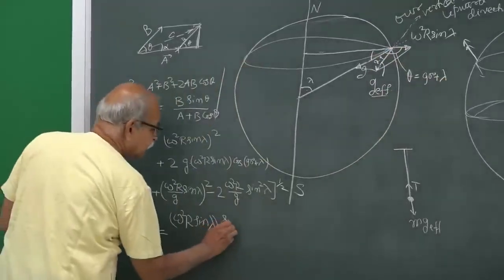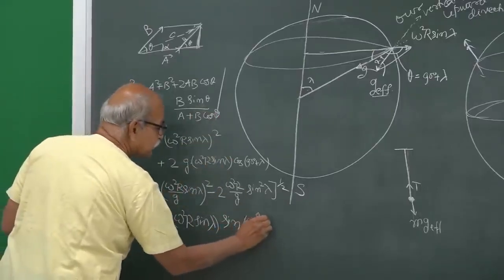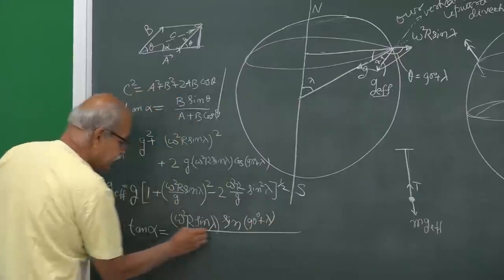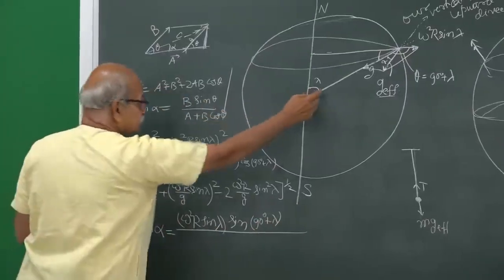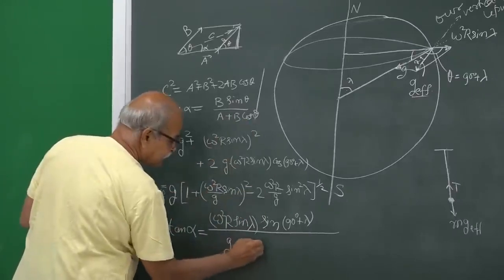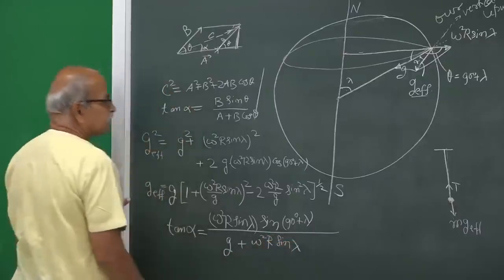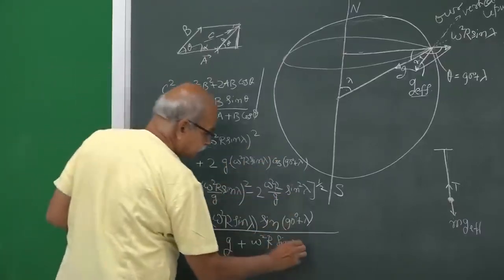So, sine of 90 degrees plus lambda, and divided by the first vector, which is G, and then plus the second vector, which is omega square r sin lambda, and then cos of theta.